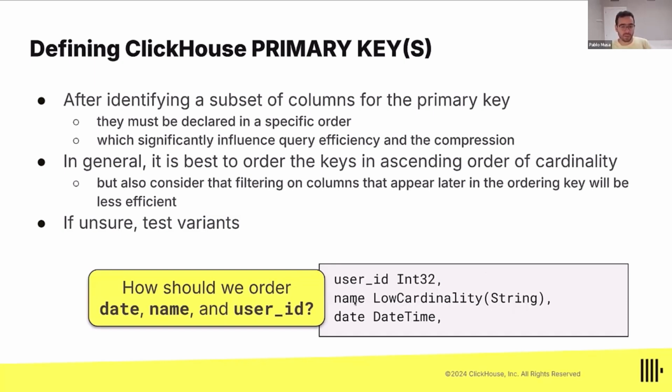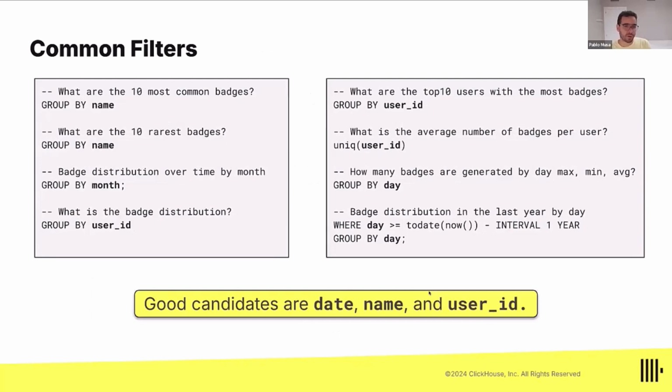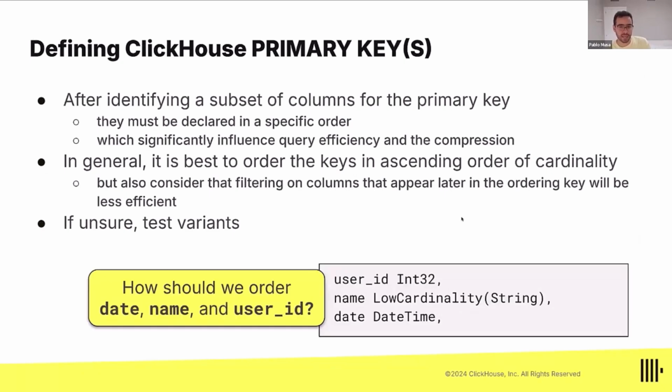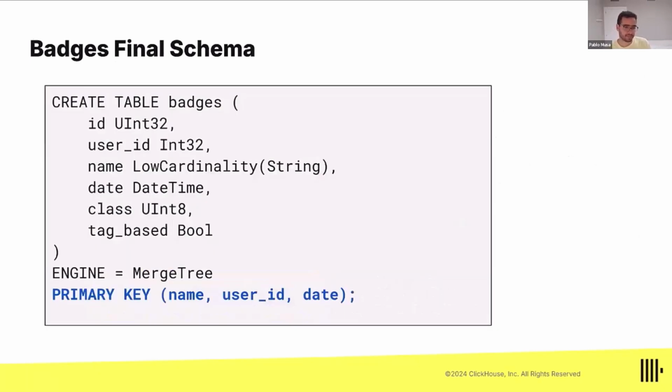So you would start with the name, then probably the user ID, and then the date. Date is really nice, but it's often at the end. Again, it depends a lot on the queries, and you would probably need to test. But we do have 2 names, 3 user IDs, and a few dates, so they're used about equally, I would say, in this case. So I would put name, user ID, and date. All right.